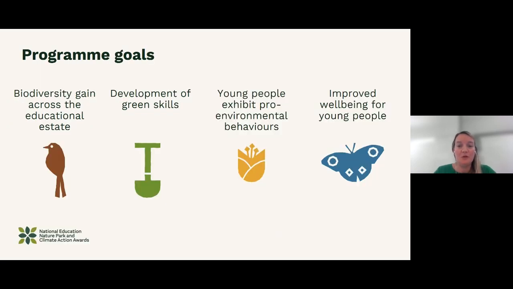We have 4 core programme goals that are very closely interlinked: boosting biodiversity across the educational estate, developing green skills and supporting young people to take on pro-environmental behaviours and to yield the well-being benefits that come from spending time outdoors in nature.